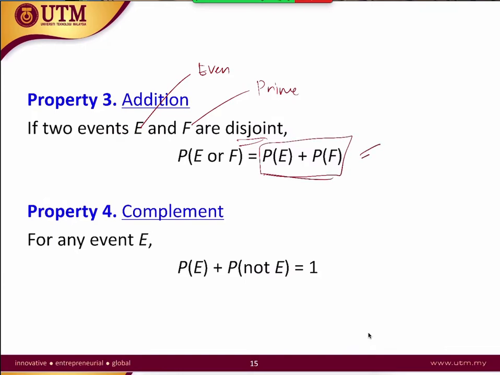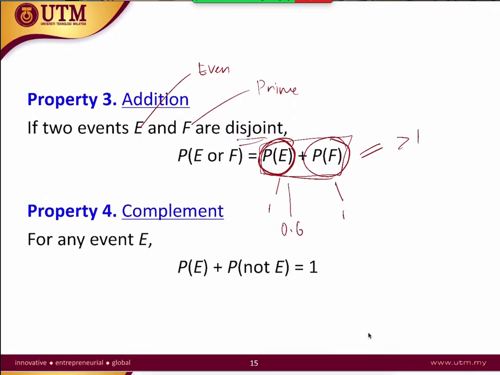For this one, you might get a value more than 1. Why? Because the highest probability of the first event is 1, and the highest of the second is also 1. Let's say the first probability is 0.6 and the second is 0.8.